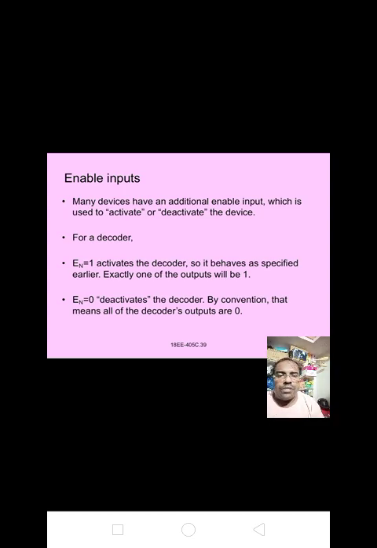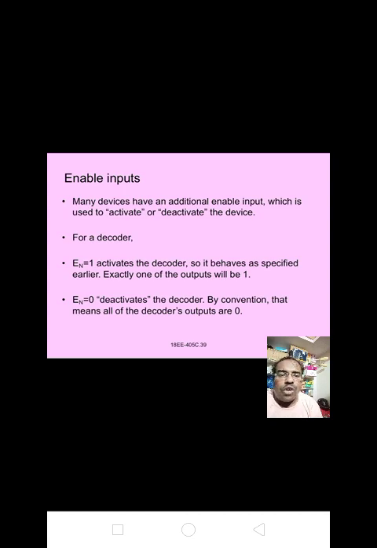Next, enable inputs. Many devices have an additional enable input which is used to activate or deactivate the device. For a decoder, enable equal to 1 activates the decoder, so it behaves as specified earlier.